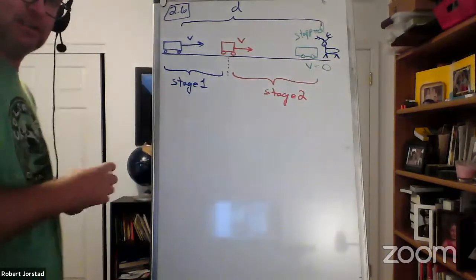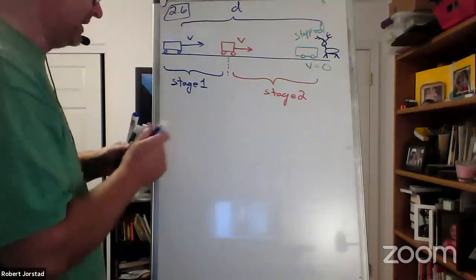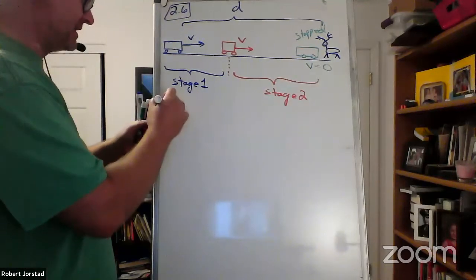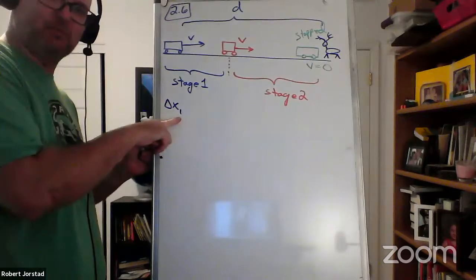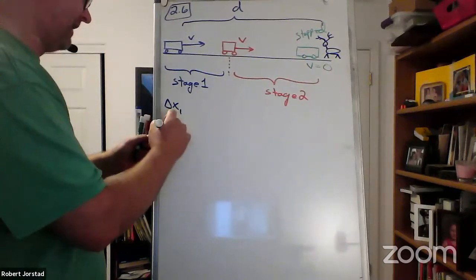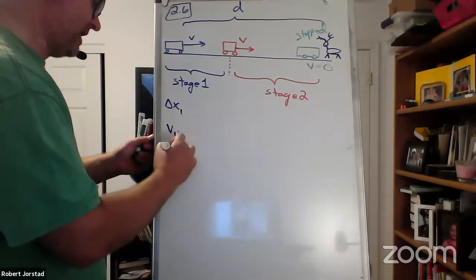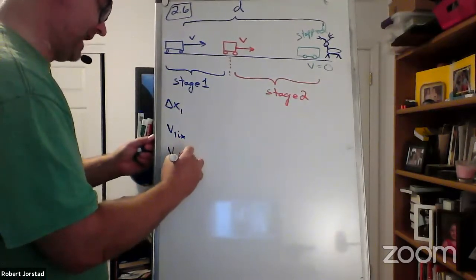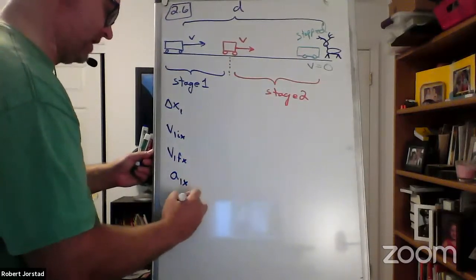That's going to show up in our list of stuff. And so I'm going to write down a list of knowns and unknowns. So let's say we have delta x for stage 1. I'm going to put a subscript 1 on everything now. I've got v1 initial in the x, v1 final in the x, a1 in the x, and time 1.